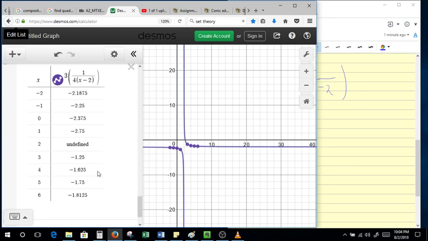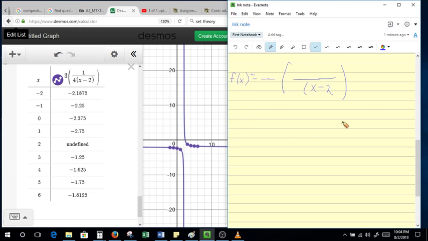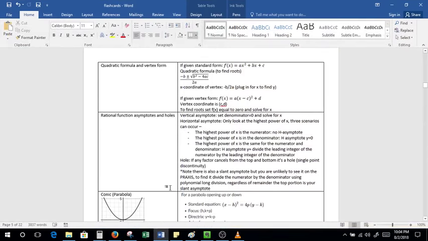Well, how would we create that situation? We could have a 2x to match, right? So if we go back to our study guide to see how we would find this. So if the highest power is the same, then you divide the leading integer of the numerator by the leading integer of the denominator.